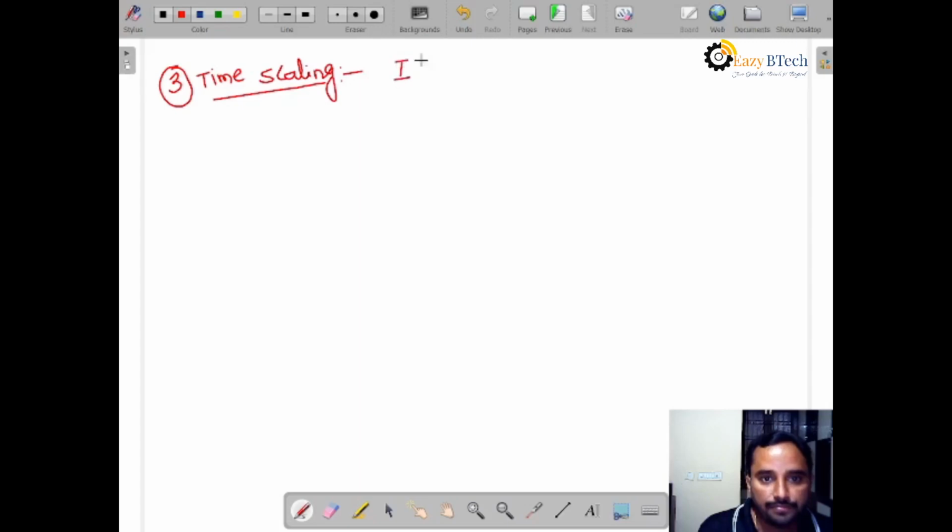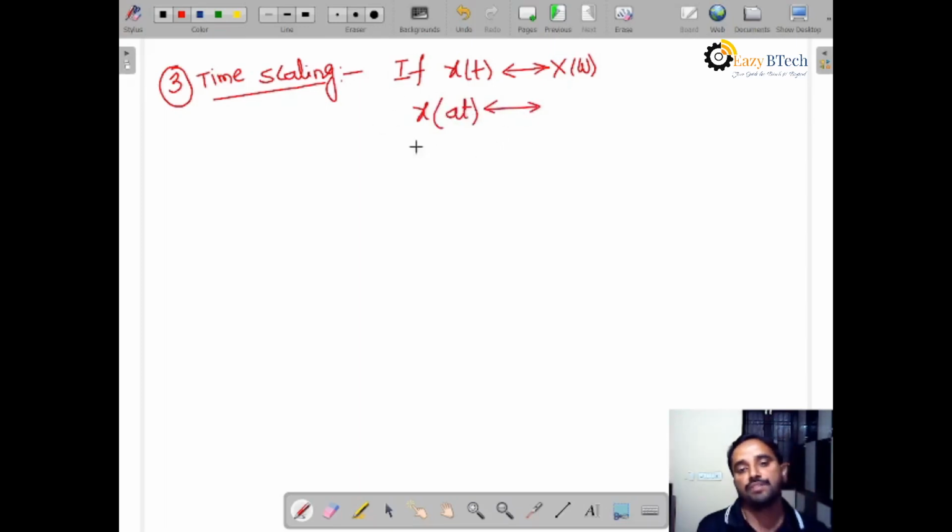If the Fourier transform of x of t is X of omega, then for time scaling, x of at, the Fourier transform of x of at is how much? This will be 1 by mod a times X of omega by a.